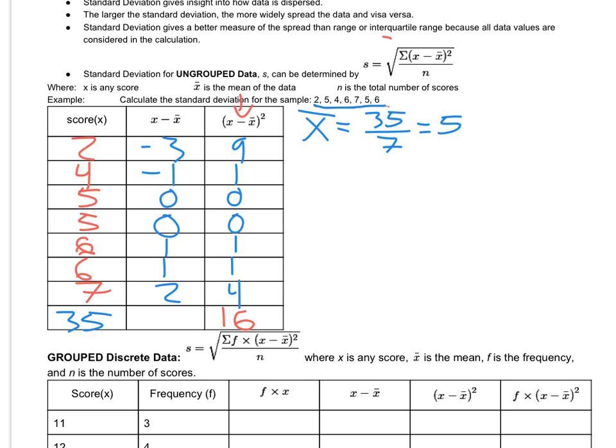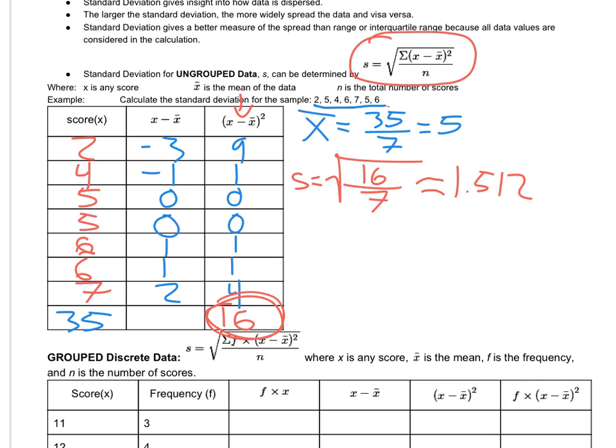To find the standard deviation, we use this little formula. Standard deviation is equal to the square root of the sum of the x minus x bar squareds, so that's this last column, the 16, divided by the number of data points, which is 7 in this case. That's roughly 1.512.